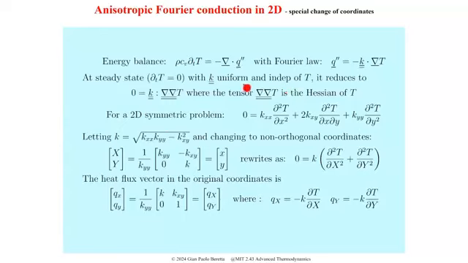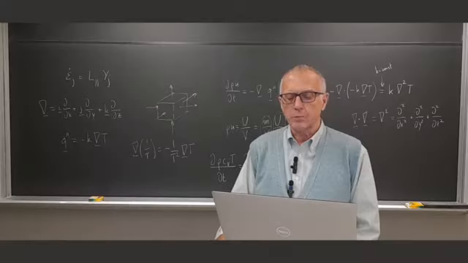All right, so in any case, this is the equation of Fourier, the Fourier energy balance. If you have a non-isotropic material, there is an interesting change of coordinates.